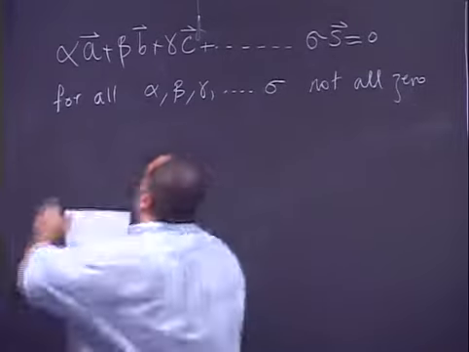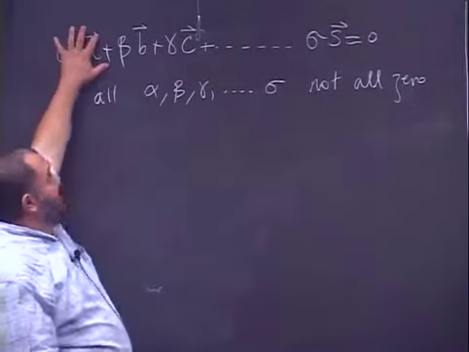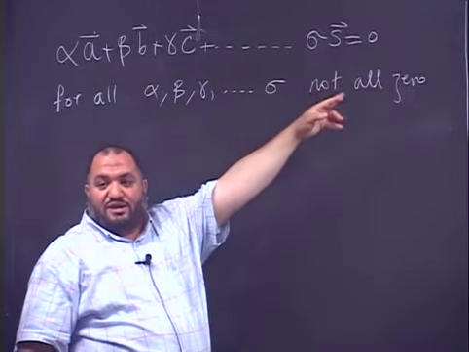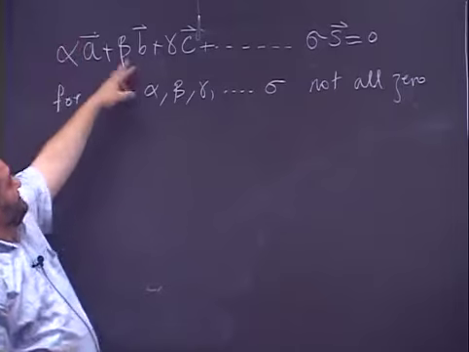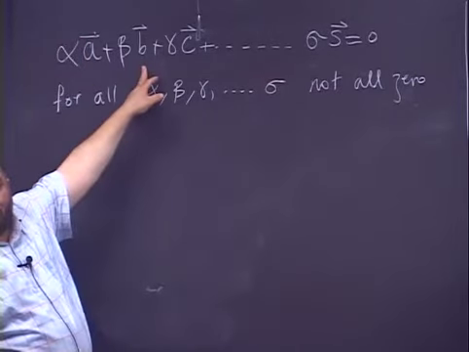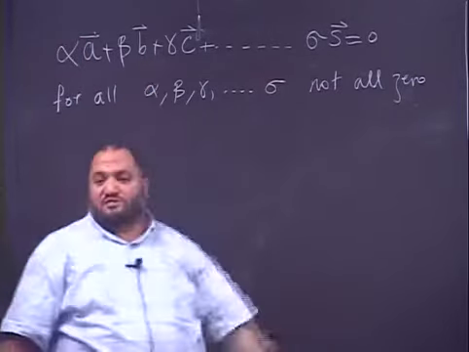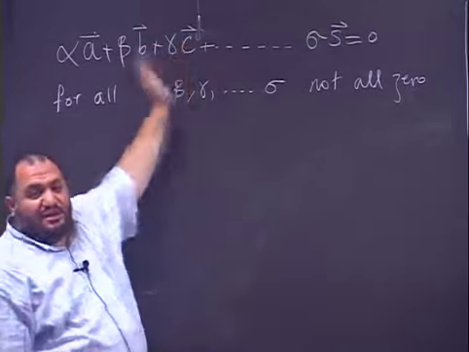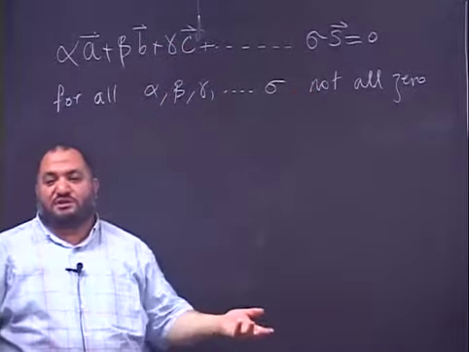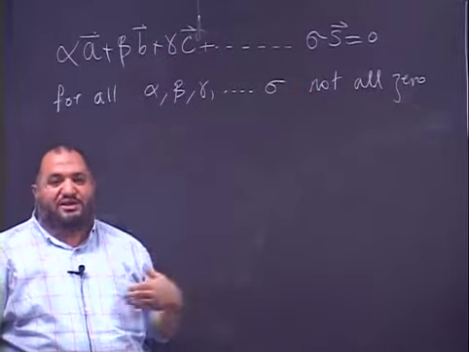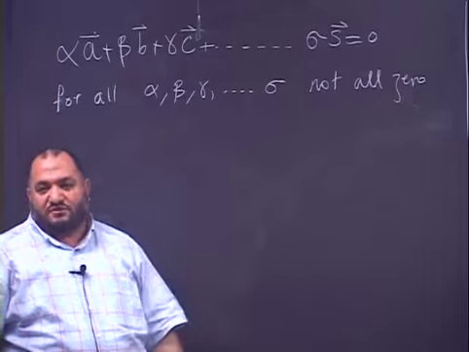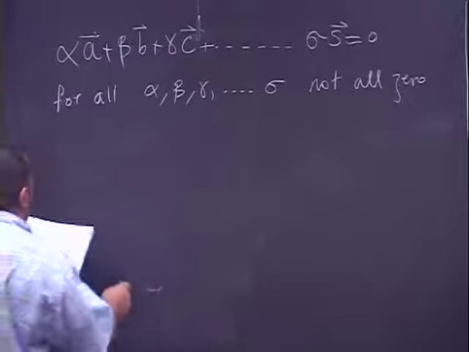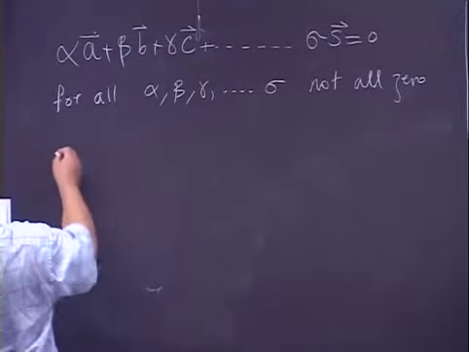Because you can keep one on the left side and move all the rest of the vectors to the right side, so it is a linear combination of the rest. You can pick any one, keep it on the left-hand side, and represent it as a linear combination of the rest. So this is called linear dependence.